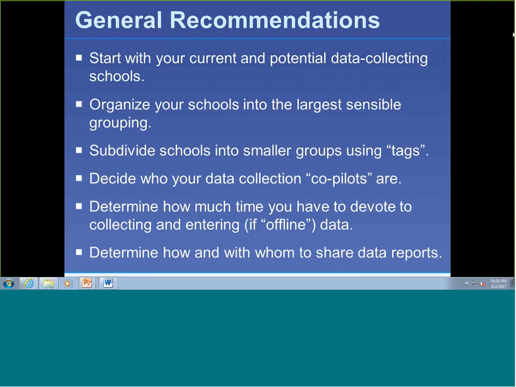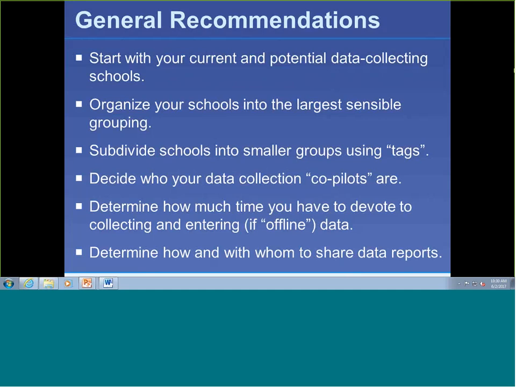So if you're working at an MPO or for a county, certainly think about that size. Because what you can do is subdivide those schools within that larger group using tags at the school level. You can use a tag that describes what city the school is in, or something else, what side of the city, the east side, the west side.